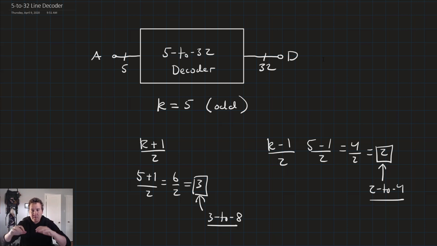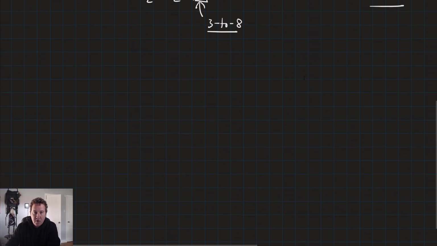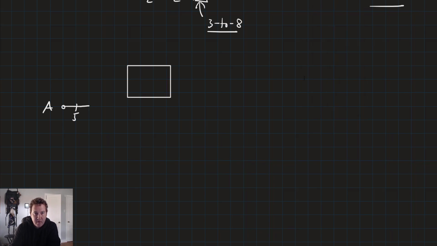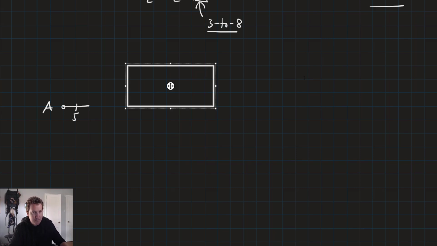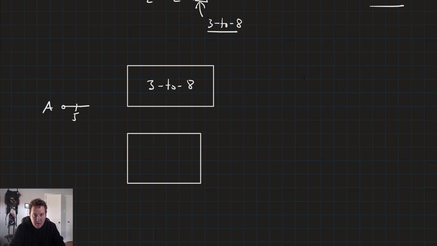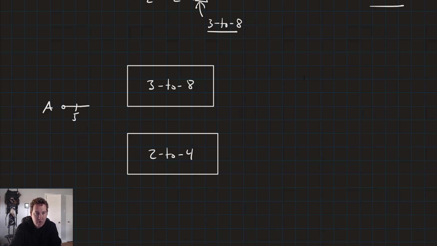So now we've got a lower level of abstraction for our design. We know that we're going to still start with A, that's 5 bits, but now we know that we're going to have a 3 to 8 and a 2 to 4. And the input lines here will break out.